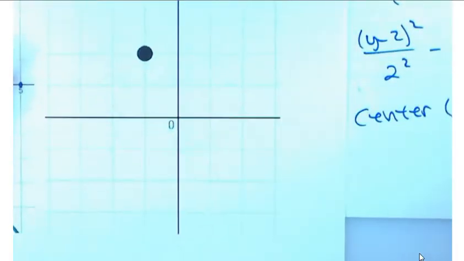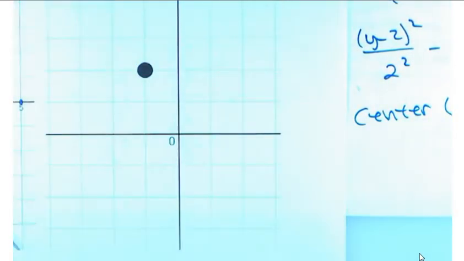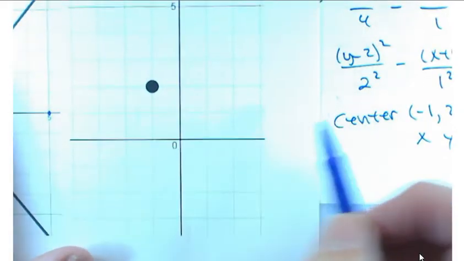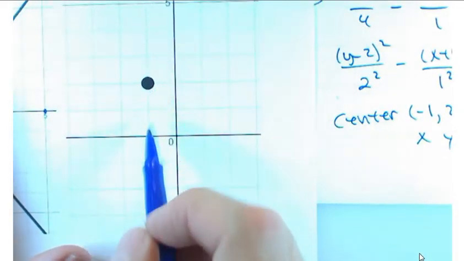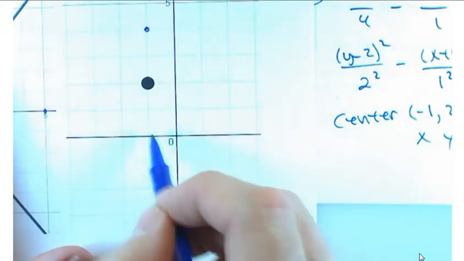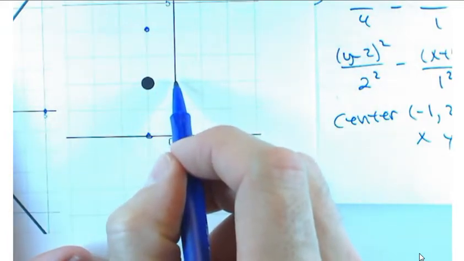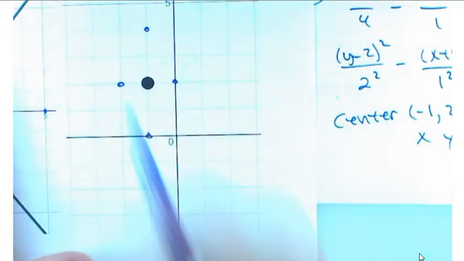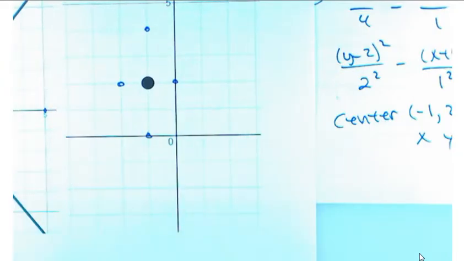But the rest of this is going to look just like what we dealt with for some of our other problems. That is, we're going to move up 2, down 2, to the right 1, and to the left 1 to find the edges of our rectangle.